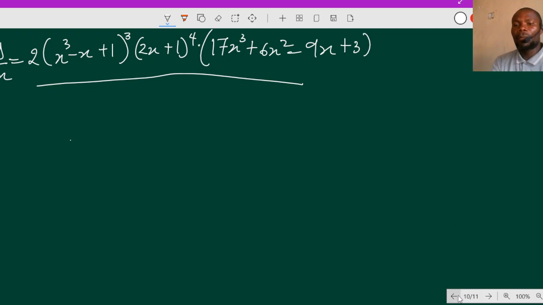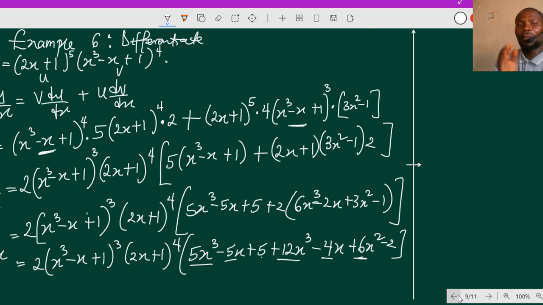You should be able to see from the beginning that if you study example 6 very well, it's a product rule, and being a product rule, we must apply the composite rule. That is what they mean by chain rule. So in applying the chain rule, we must follow all the procedure that we have done since the start of this lecture.